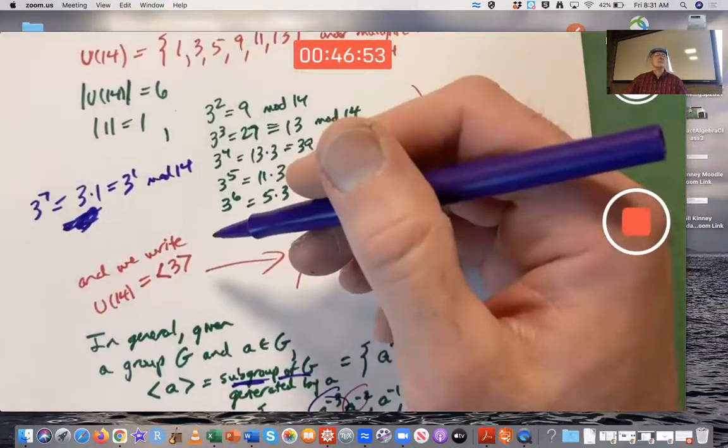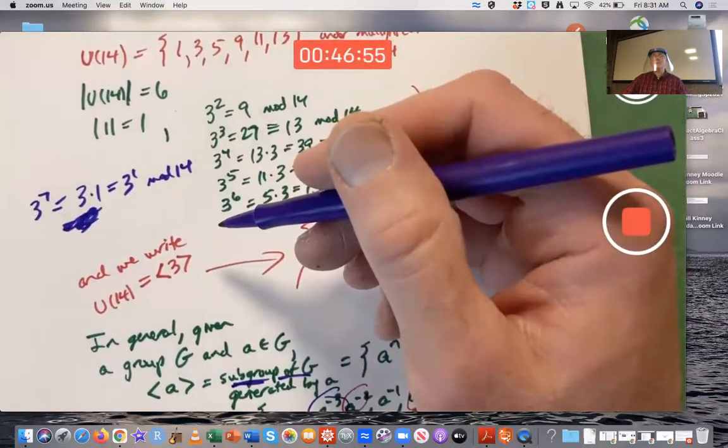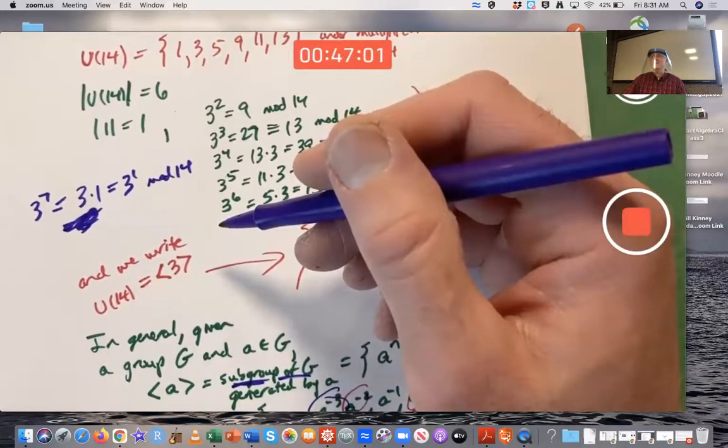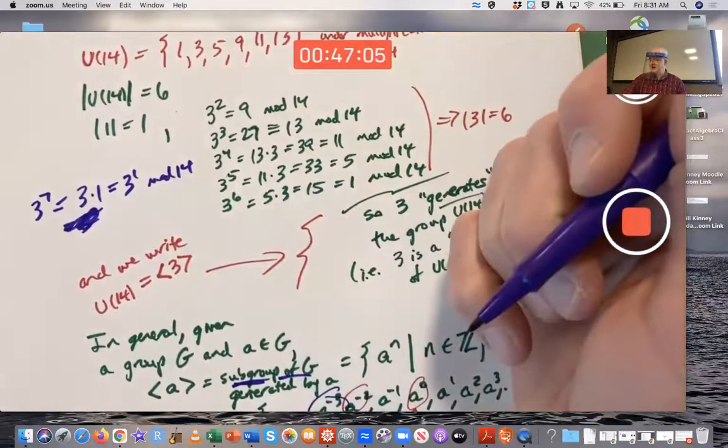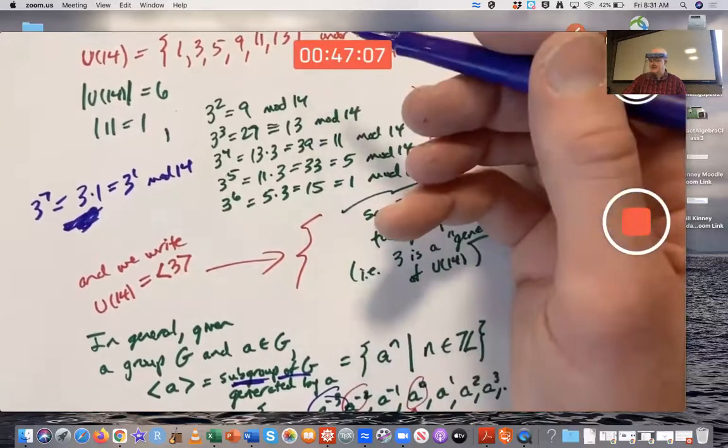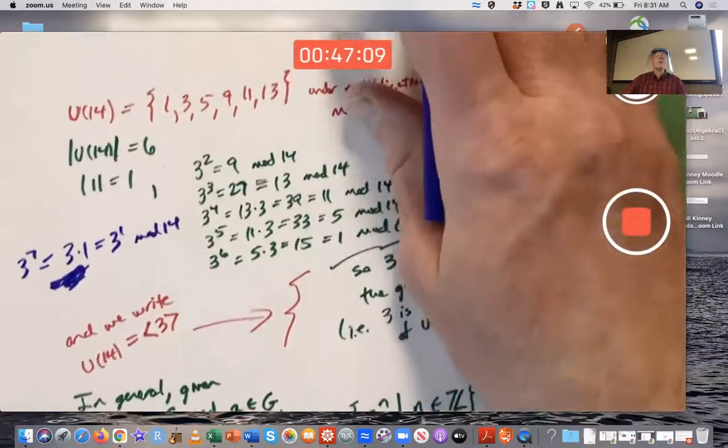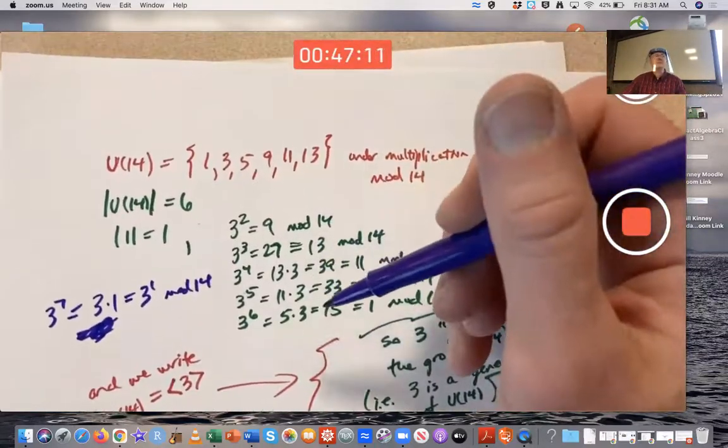These group elements cycle as powers of 3, kind of like clock arithmetic, actually, right? It's like a mod 6 clock. But wait a minute, this is not Z6. Well, guess what? It's isomorphic to Z6.